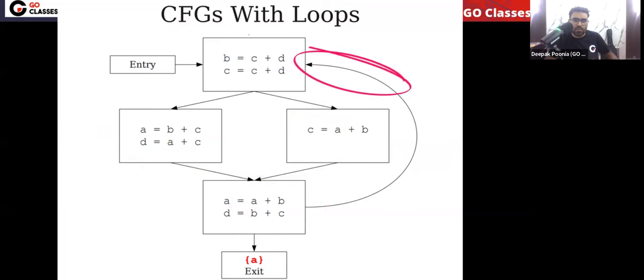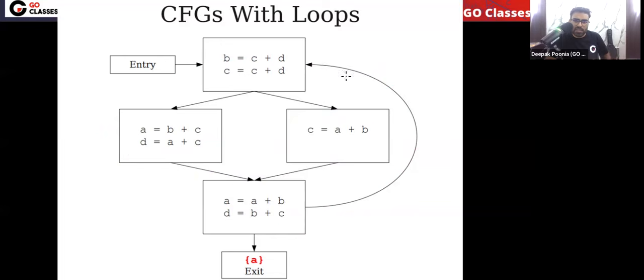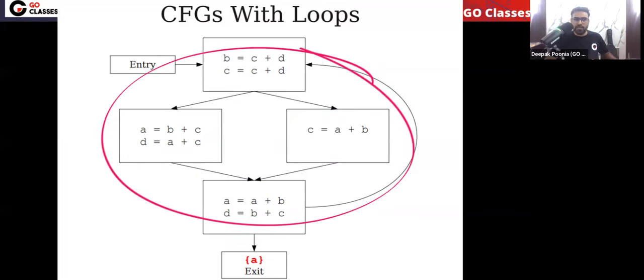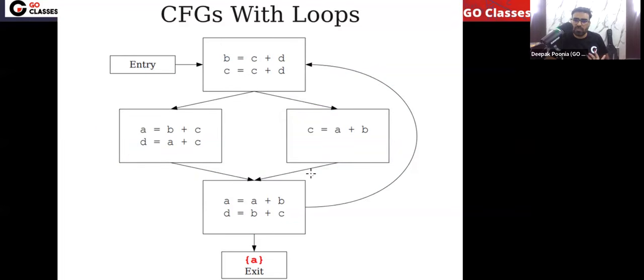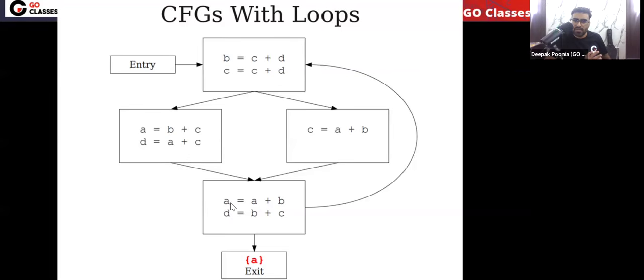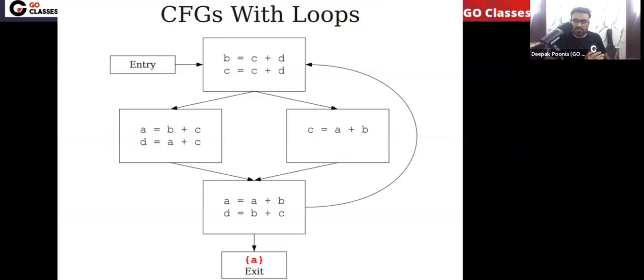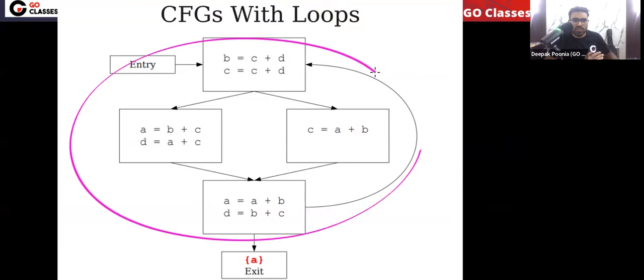But when there is a loop, every basic block might be dependent on every other basic block. Yes or no? So the entry and exit points are not very clear, and that is the reason for this assumption when you have a CFG with loop.